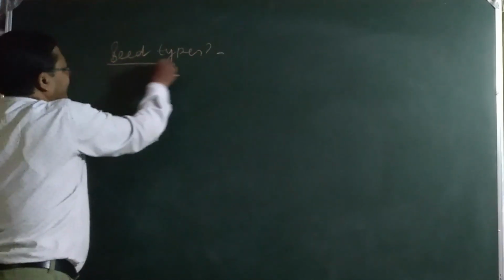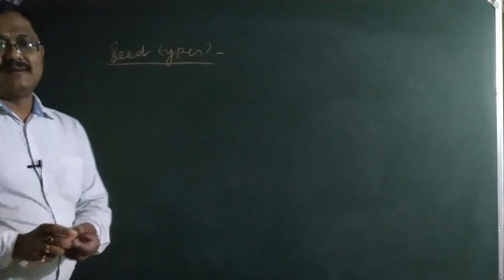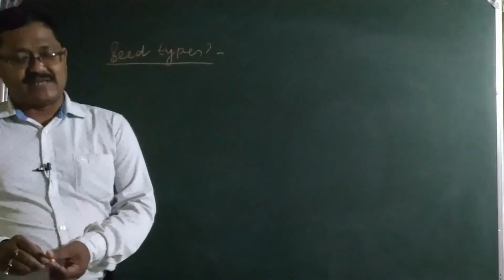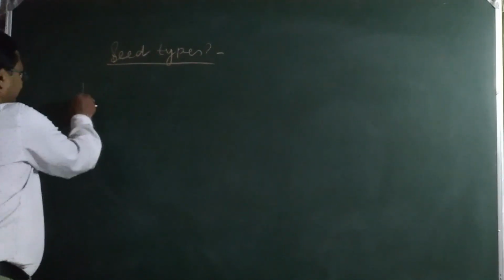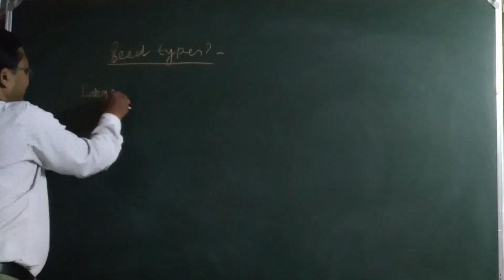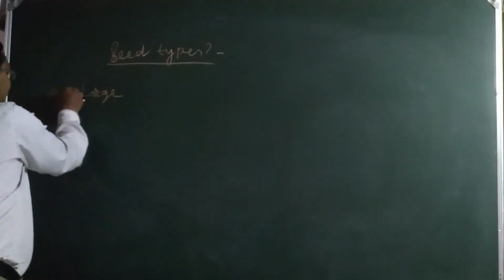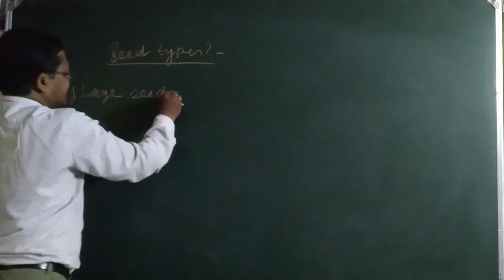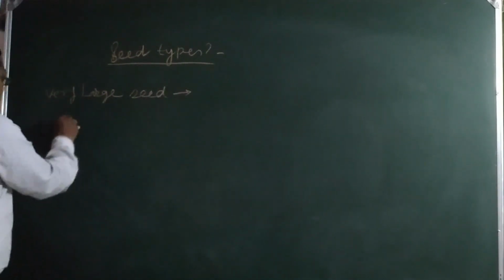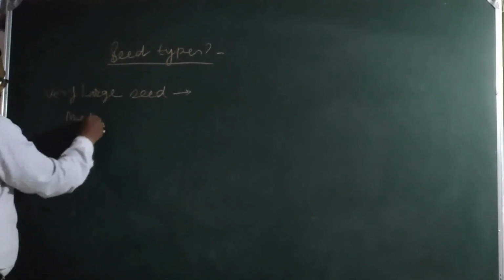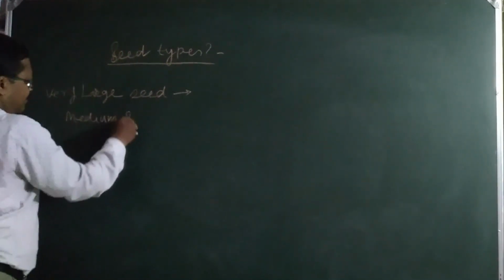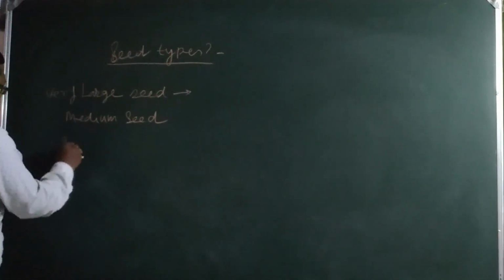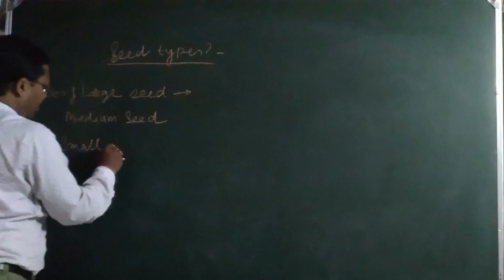There are several types of seeds on the basis of their size: large seed, very large seed, with a very high size, medium seed, and the third is small seed.